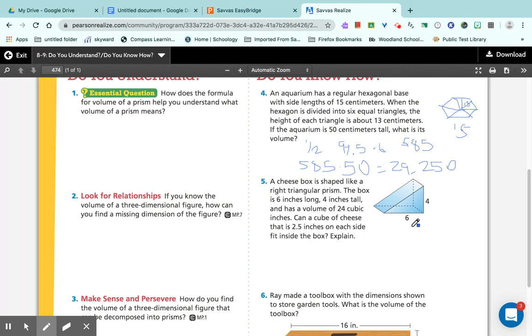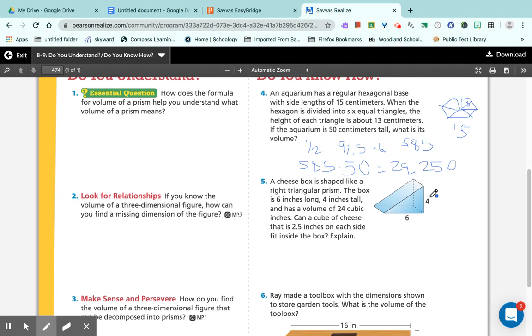Number 5. A cheese box is shaped like a right triangular prism. The box is 6 inches long, 4 inches tall, has a volume of 24 cubic inches. Can a cube of cheese that is 2.5 inches on each side fit inside the box? Okay. No, it can't. So the area of the base of the cheese box is 1/2 of 6 times 4, right? Right here. 1/2 of 6 times 4, which is 12.